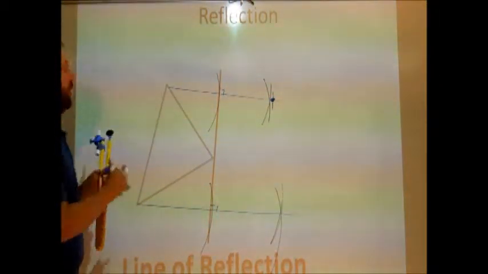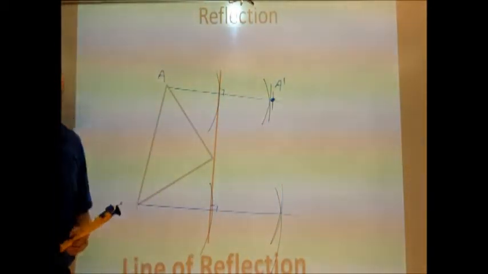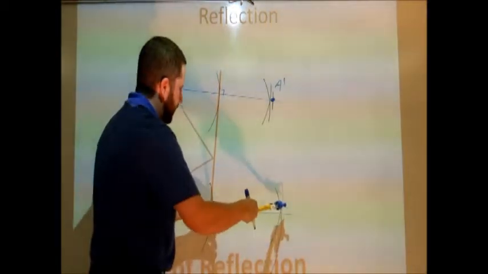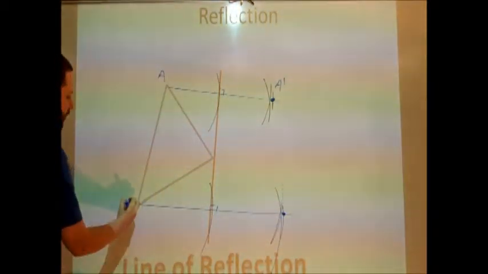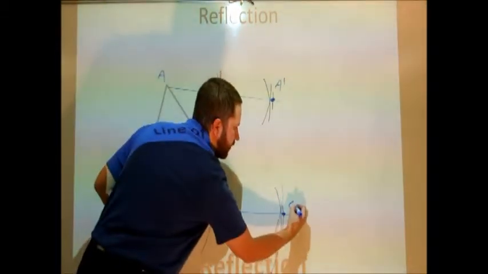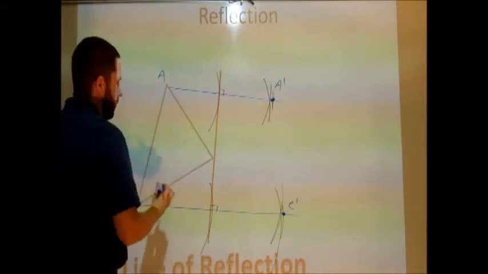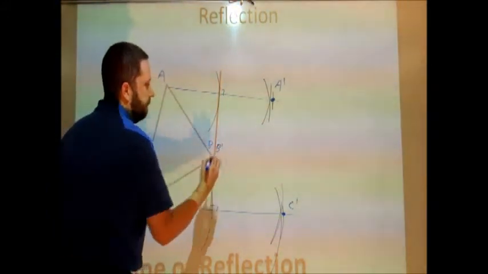So if I call this A, I took that and made A prime over there on the right. I'm also going to measure down here at the bottom and copy that segment. So if this is point C, this would be point C prime. And then obviously, point B would be the same thing as B prime.